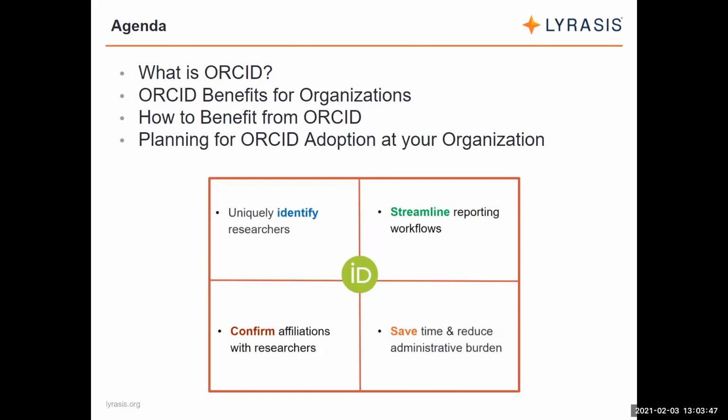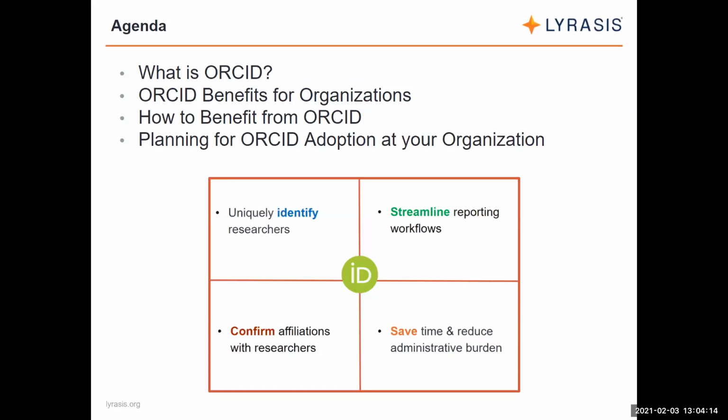To give you a preview of the benefits of Orchid and why you should care, I've distilled these 4 main points, which we're going to cover in more depth a little bit later. But just as a quick overview to get us started, by using Orchid, organizations can uniquely identify researchers, streamline any reporting workflows that you might be using for assessment or gauging impact.